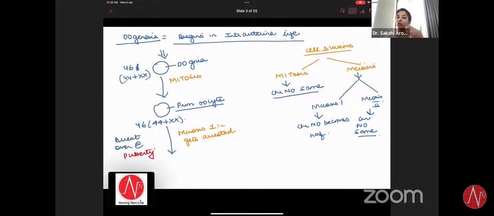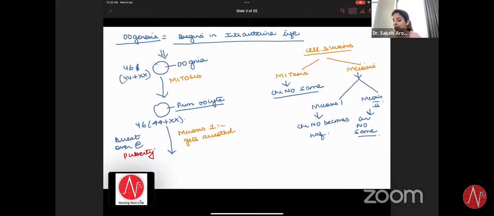Primary oocytes were formed, but they are not able to convert into secondary oocytes. So now what is going to happen? This primary oocyte is going to remain like this in intrauterine life, and when a baby is born, even then there will be primary oocytes in her ovary. Until puberty, primary oocytes will remain.